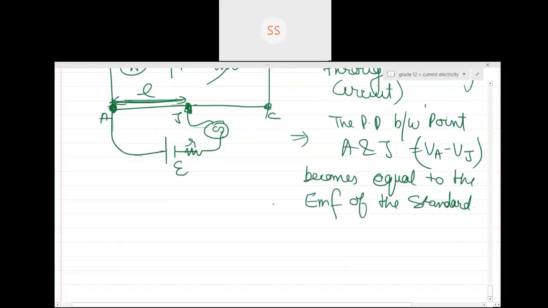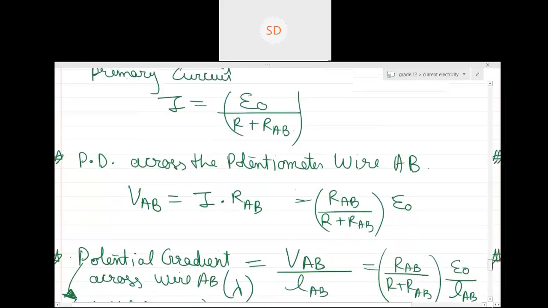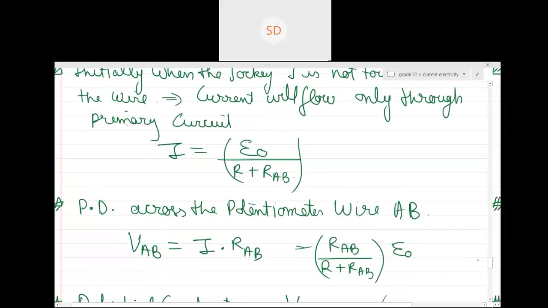Yes, sir, the EMF of the standard cell. So at this particular null deflection point, VA minus VJ equals the standard EMF. And please remember, how will you give VA minus VJ? What is the balancing length? L. So L multiplied by, do you remember, the current is still flowing, all the current is flowing through the primary circuit, right?